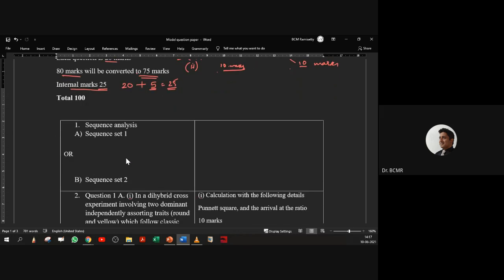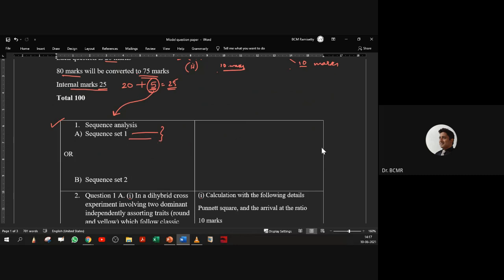And the model question paper is something like this. One question will be sequence analysis, which is the same as what you have done for the compulsory assignment. You will be given 2 sequences, and you have to find the differences, calculate whatever is asked. It will be very similar to what you have done for the assignment.